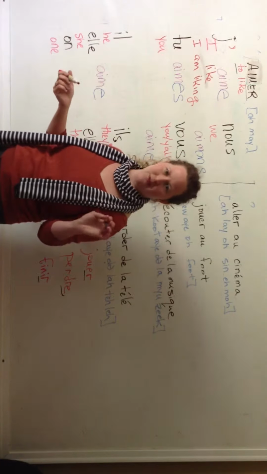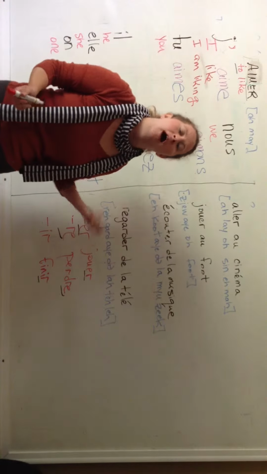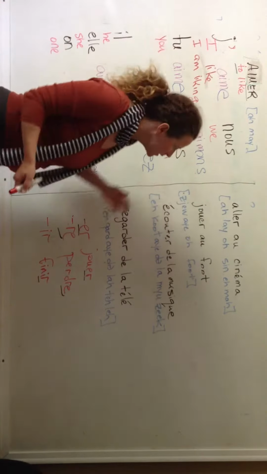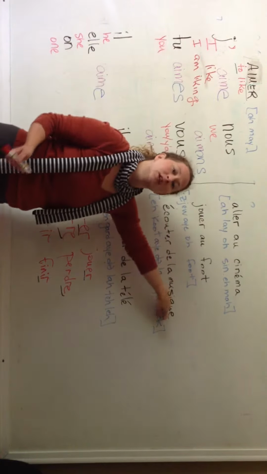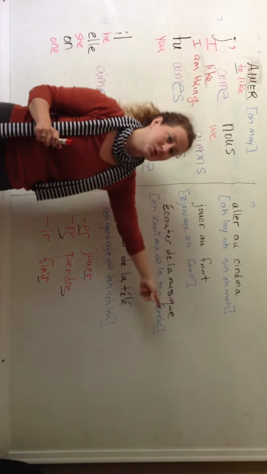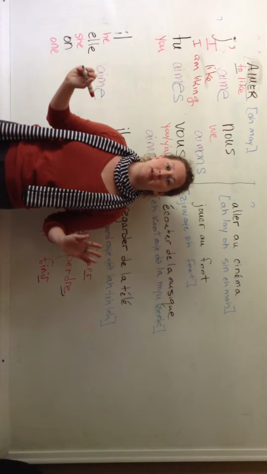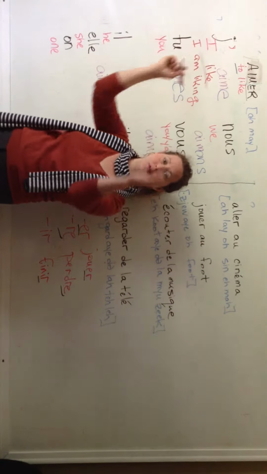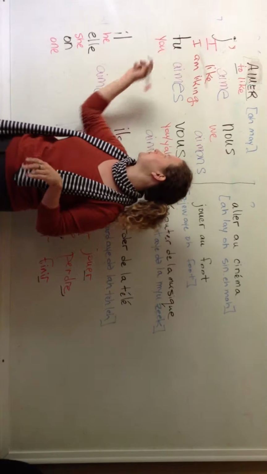Ooh, now it sounds French, right? So, j'aime écouter de la musique. I like to listen to music. J'aime écouter de la musique. I like to listen to music. Now, je is the only pronoun that you take that vowel off to squish it together.